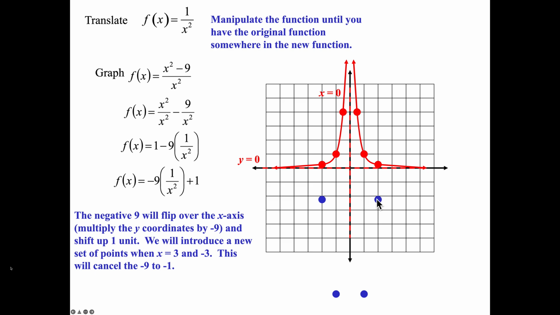So those are those points. And then my other points will be right here at the negative 1, because that's 1/9 times a negative 9 for the y coordinate, moves it to negative 1. Then we move them all up 1 square, including the y equals 0, and draw the graph.